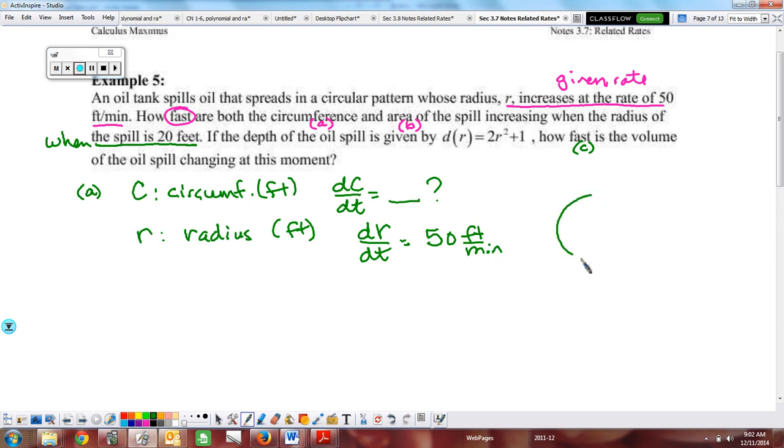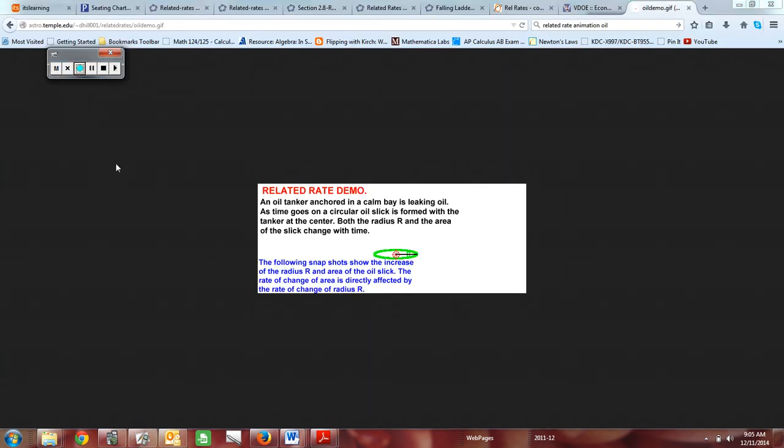Let's draw a little picture to go with this. I'm going to label this as R. Your spill, the circle, is getting larger as we go. So just so that you can have a little visual of what's happening, here's my oil slick, getting larger, increasing at that rate of 50 feet per minute.